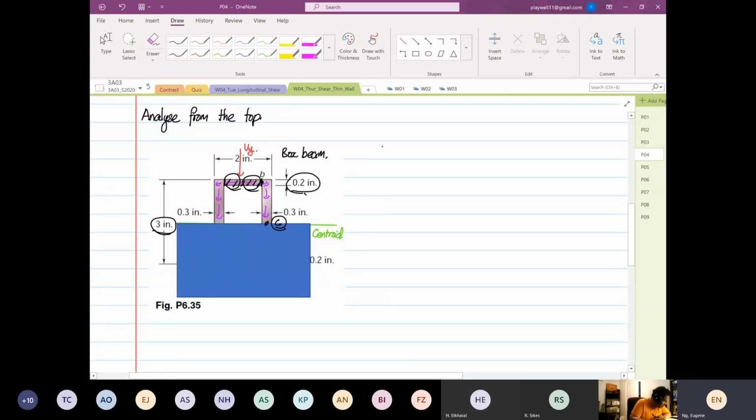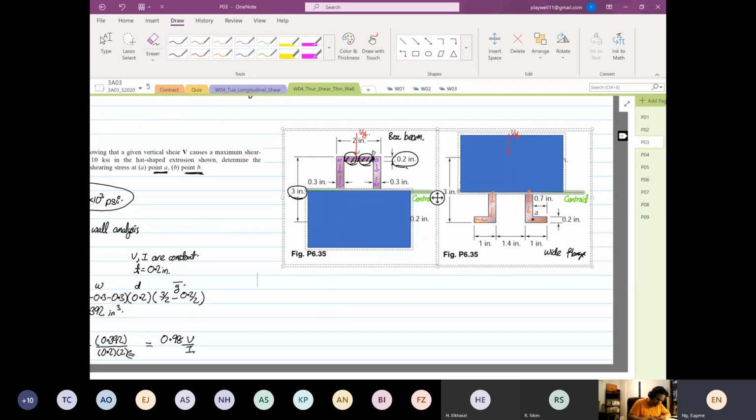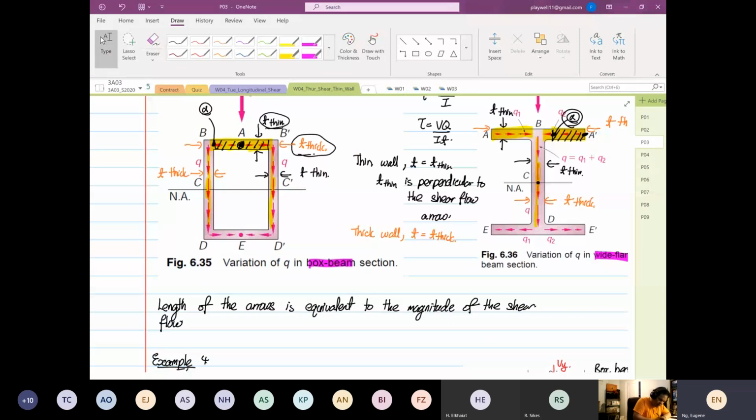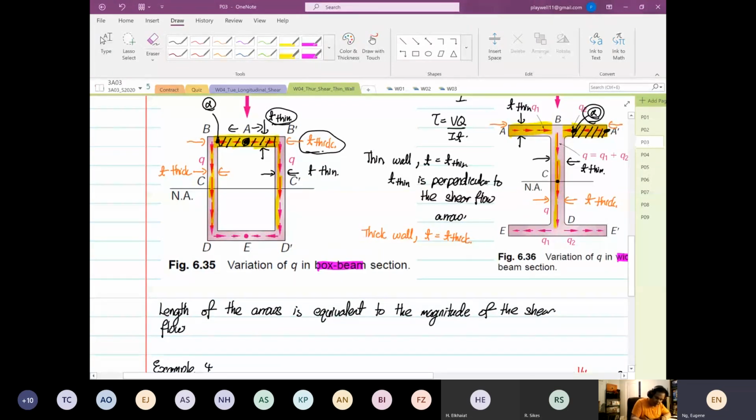And we know that we're going to analyze from the top, right? And the box beam thin wall analysis. So we're going to apply box beam thin wall analysis. And because it's box beam, which I did not emphasize earlier, the Q moves once towards the left-hand side and once towards the right-hand side.